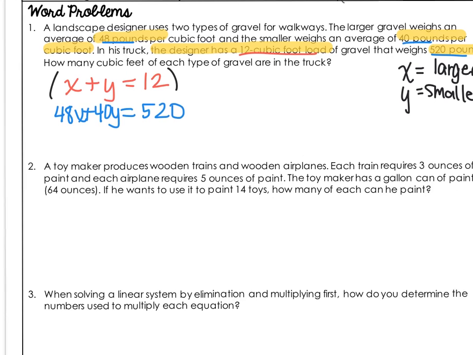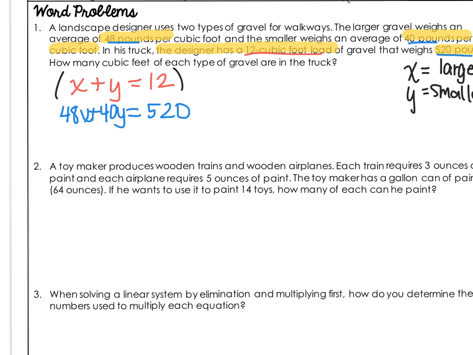I'm going to choose to use the smaller number, so I'm going to multiply by negative 40 so that I'll be able to eliminate those. Remember to distribute to each term. So now I have negative 40x minus 40y equals negative 480.